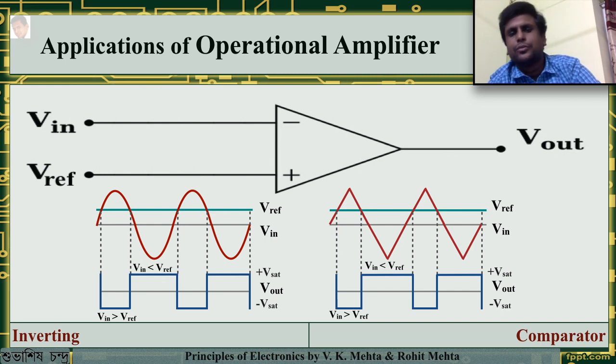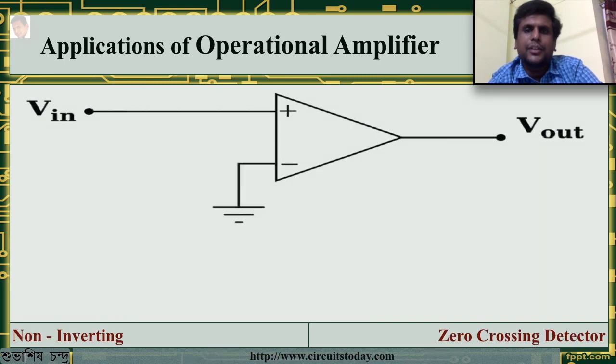One interesting use of the comparator is the zero crossing detector. In the zero crossing detector, what we have done is the inverting terminal is grounded and the non-inverting terminal is provided the input. Let us see what happens when a sine wave is provided to this kind of a zero crossing detector.